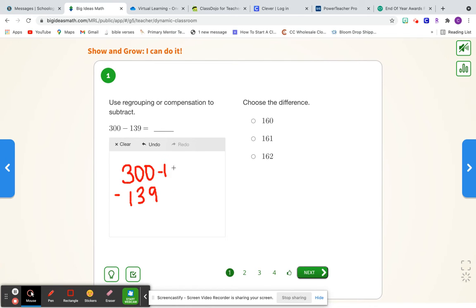So 300 minus 1 is 299. 139 minus 1 is 138. So we have 1. 9 minus 3 is 6. 2 minus 1 is 1. So our answer is 161.